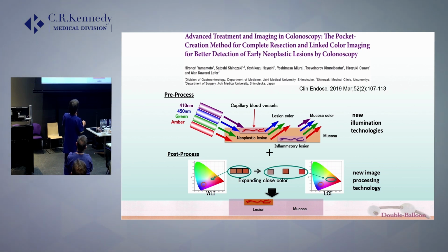So in the neoplastic lesion, there are microvasculature at the very surface, very shallow, close to the surface. So this 410 nanometer wavelength light reaches the blood here.